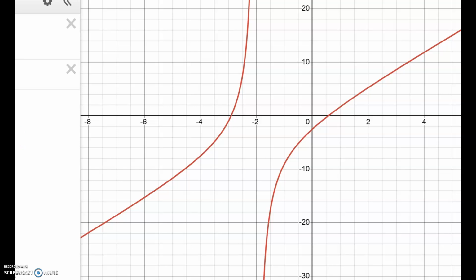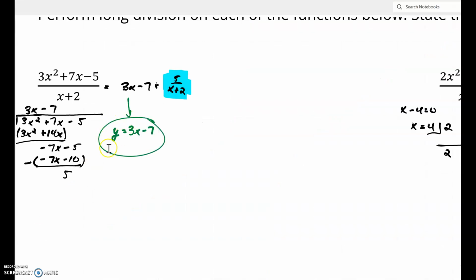Let's look at my original function. This is the function. What I wanted to talk about, though, was what we expect to see for our asymptote. So if we go back here, we expect it to be y equals 3x plus 1, which is a straight line.